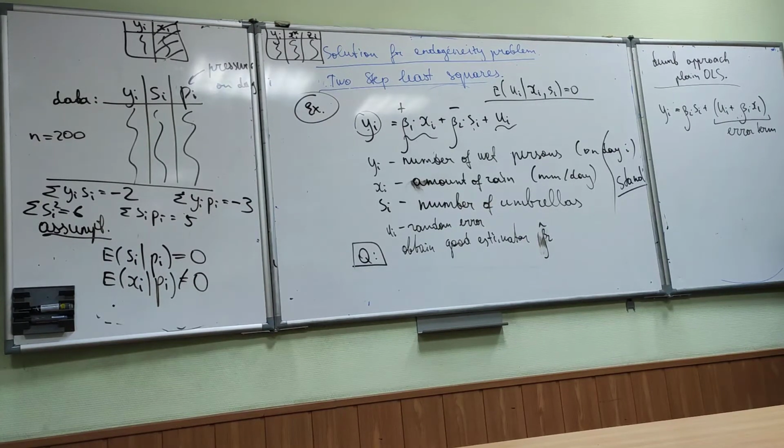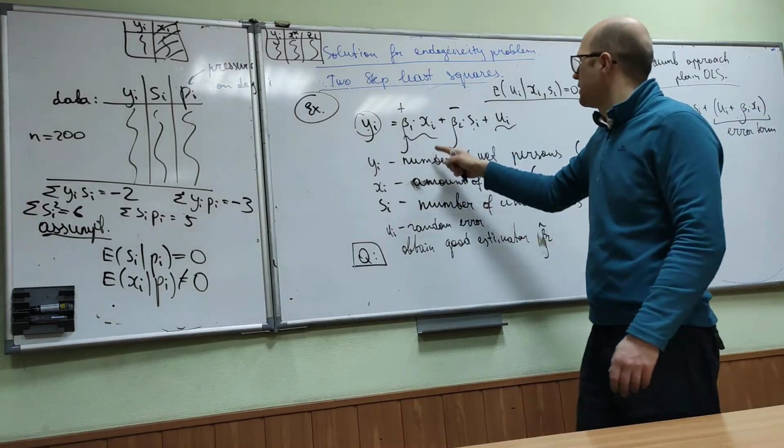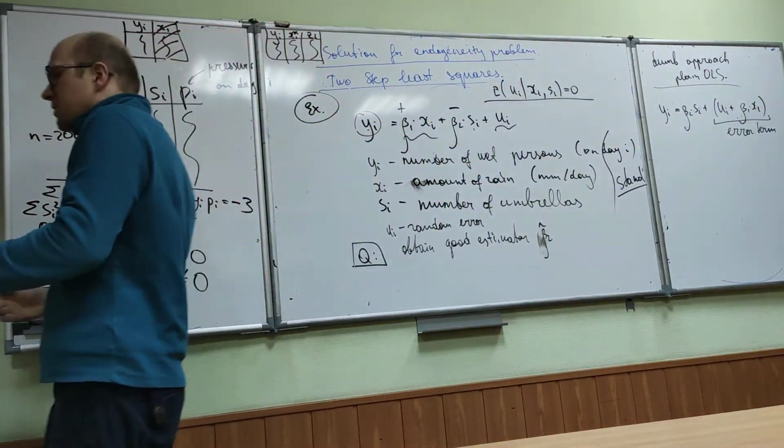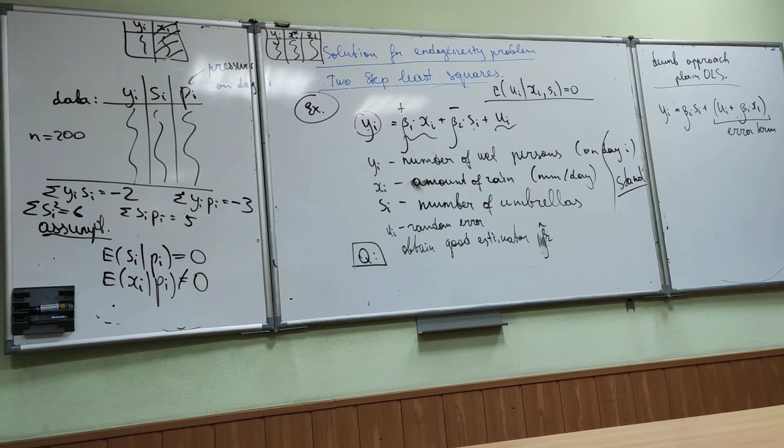So I say I have no data on x. I have data on y, s, and some variable that is not present in my model, p. So I just remove p from my data because there is no p in my model. The pressure seems to not influence the number of wet persons. If the atmospheric pressure is high or low, given the same amount of rain, it seems to not influence the number of wet persons.